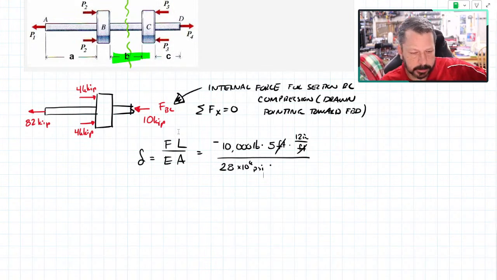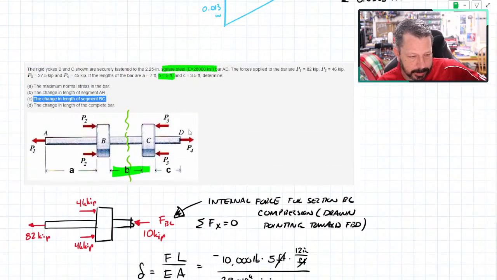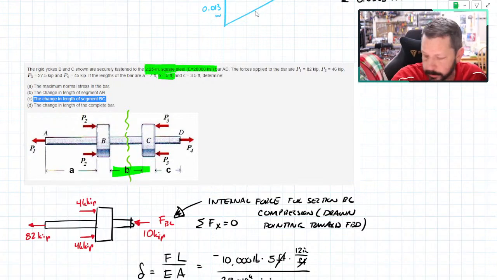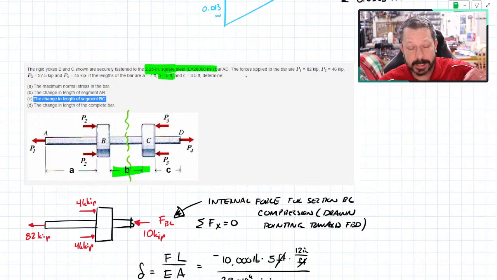A is the cross-sectional area of section BC. Let's see what we have about that. All right, so it is a 2.25 inch square. It doesn't say it's a tube, it's a bar, so it's solid.